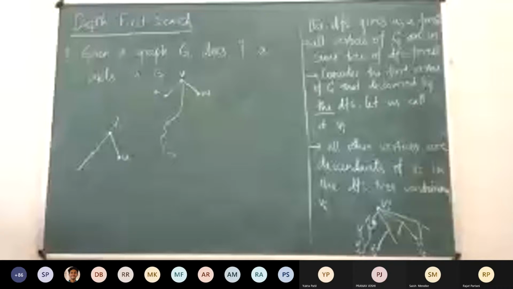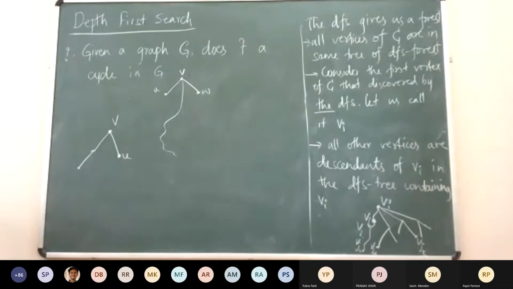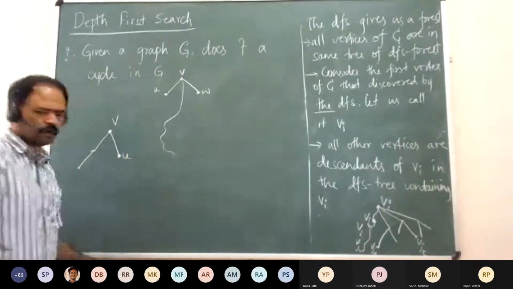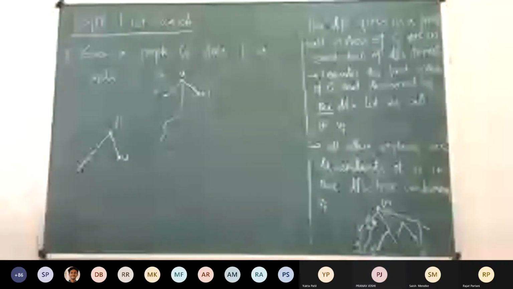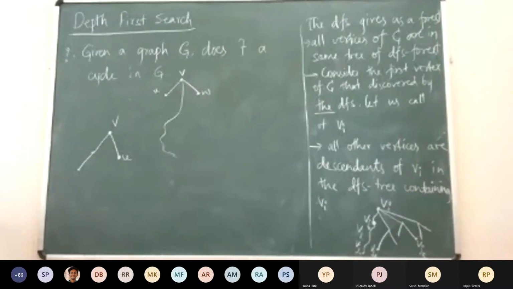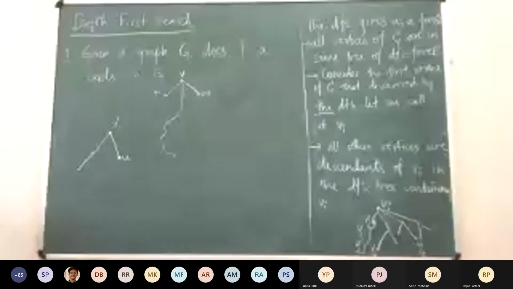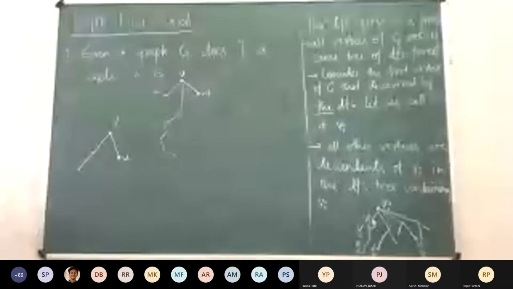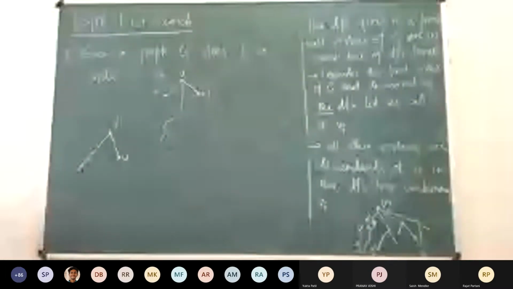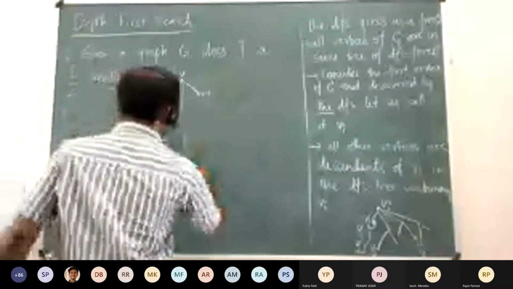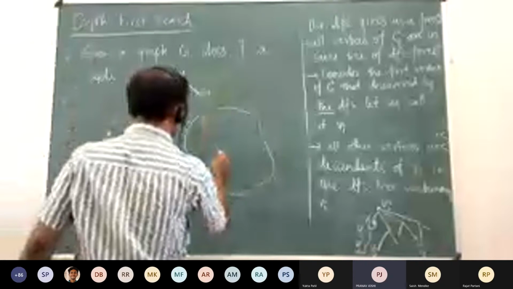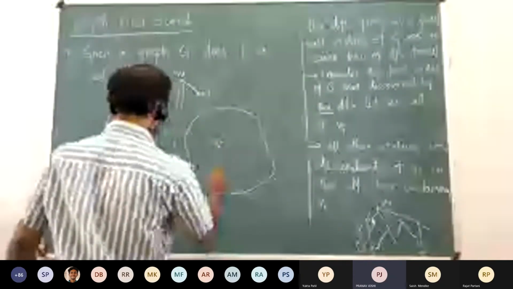So what you are saying is that suppose I visit a component and I visit a vertex, and there are a lot of other vertices in the same connected component as this vertex, which are not yet discovered, right? Yes. Then do you mean to say that all these vertices will be descendants of this particular vertex? Say, for example, you have a graph, and you have some vertex here.